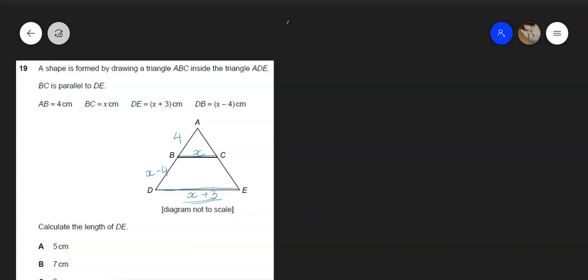And therefore the ratio of the sides AB to BC in the triangle ABC will be the same as the ratio of the side AD to the side DE in the larger triangle ADE. AB is 4, BC is x, so 4 over x is equivalent to the ratio of AD.